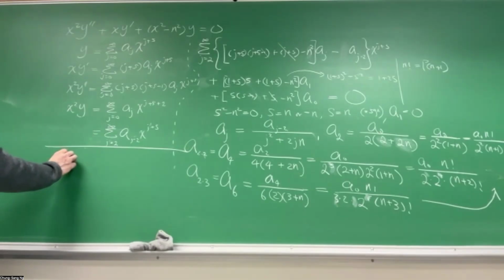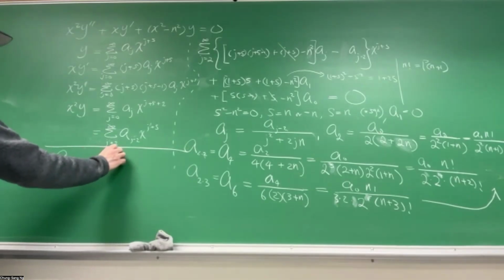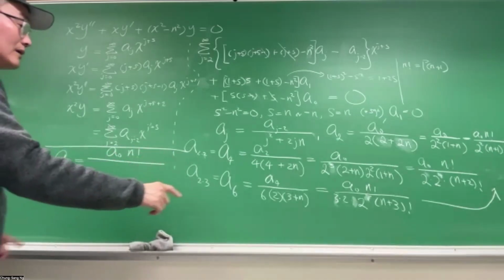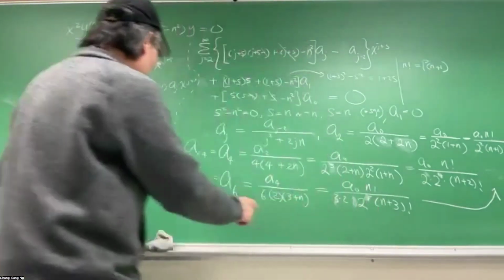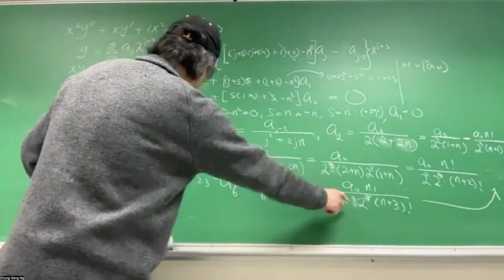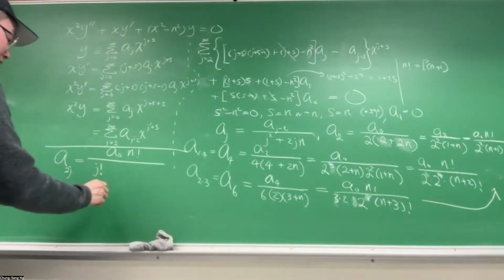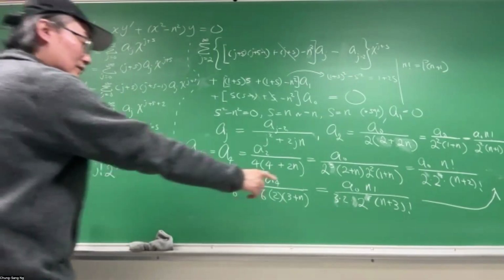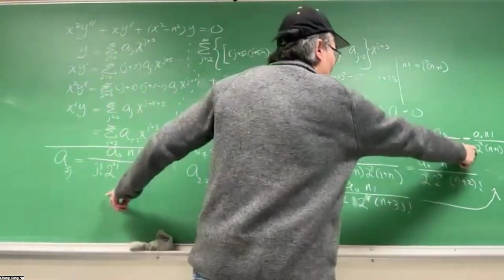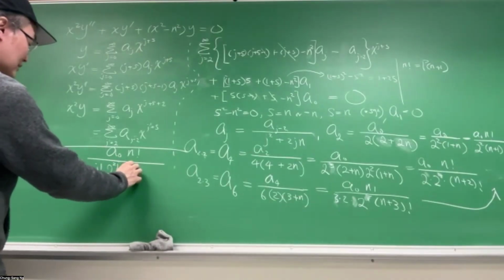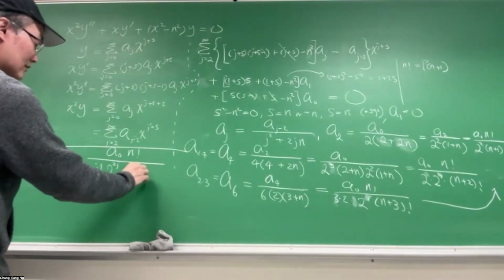So the general pattern is a to the 2j. There's a sub 0, n factorial, and then you have a 2j, right? This is j factorial. You have a j factorial, and 2 to the power 2j, which is this and that one. And then n plus j factorial.